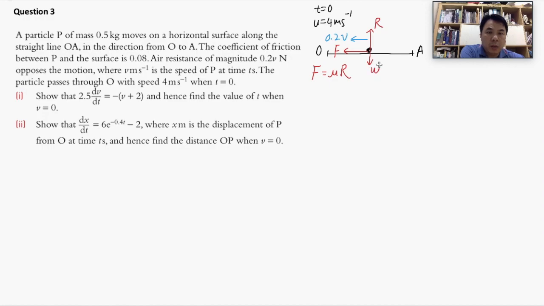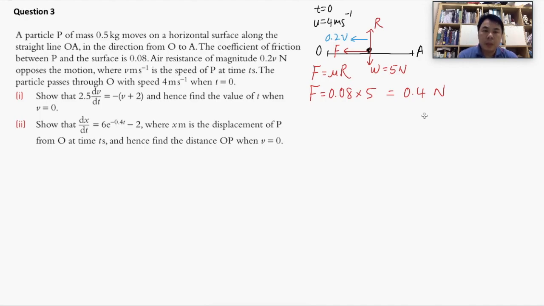Given that the weight is 5 Newton here, I can further rewrite the friction as 0.08 R. We can see that based on Newton's second law, R is basically 5 Newton, because that is the only vertical force acting on the object. So here I can write 0.08 times 5, which gives me 0.4 Newton.